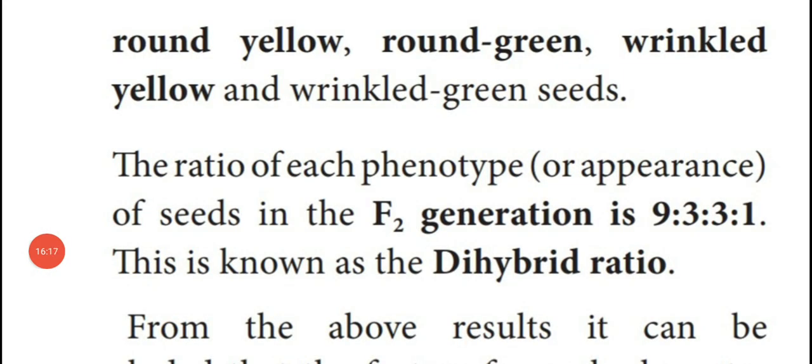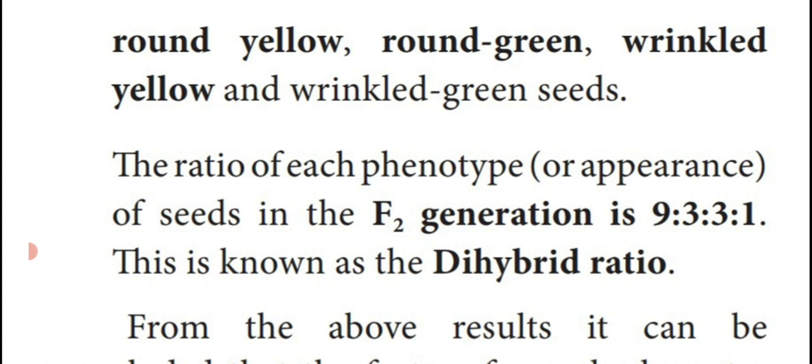The different shapes and colors of the F2 generation in the dihybrid cross: round yellow is one of the parents, round green, this is the hybrid one, wrinkled yellow, also a hybrid one, and wrinkled green, the recessive parent. We took only round yellow and wrinkled green as parents, isn't it?